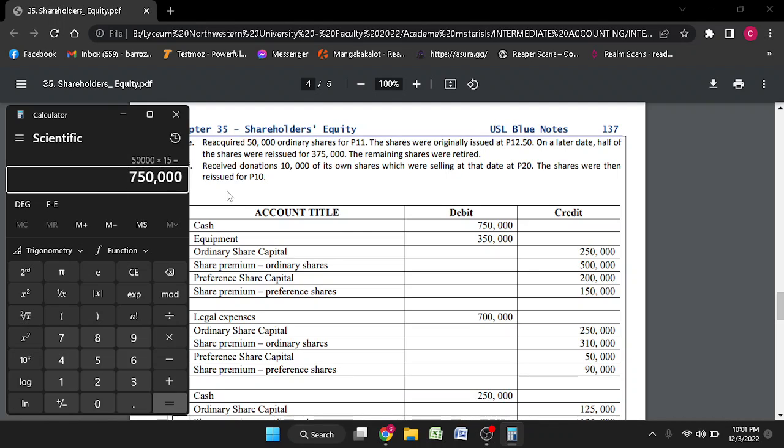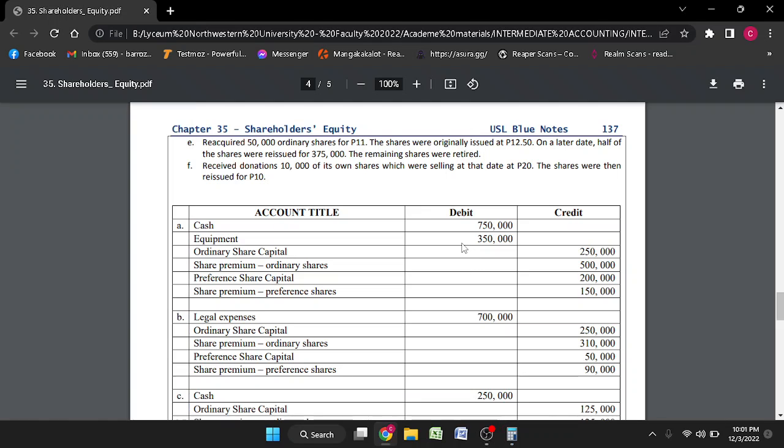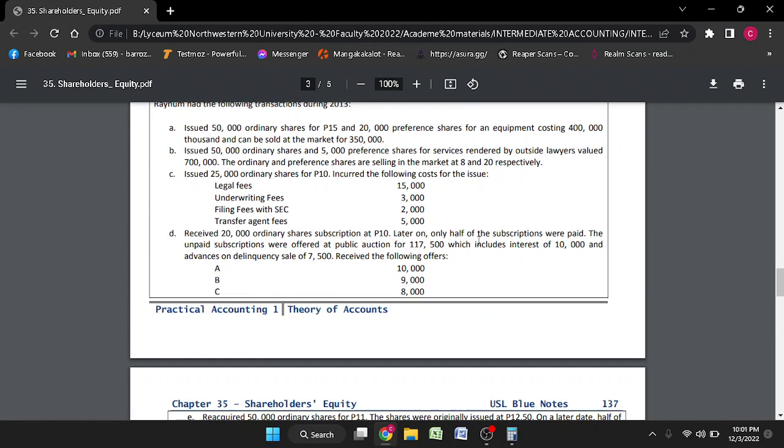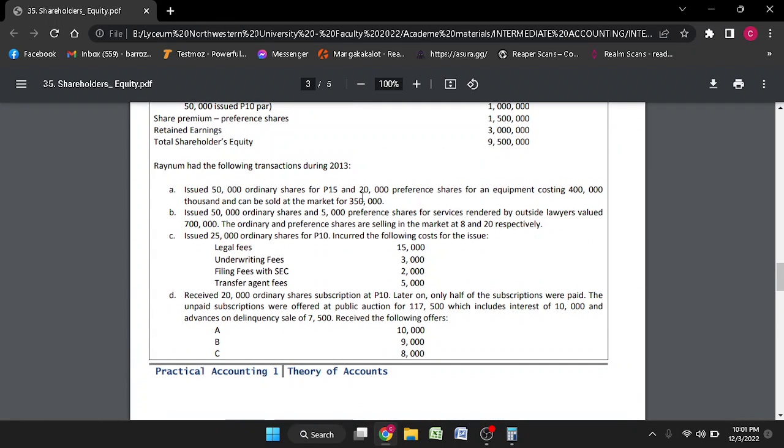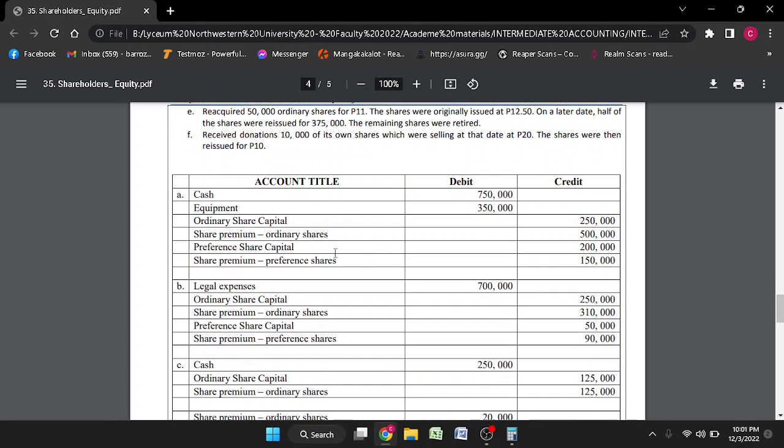The 350 is the market value of the equipment. We can see at the top that the ordinary share capital issued was 50,000 shares with a par value of 5, so 50,000 times 5 goes to 250.